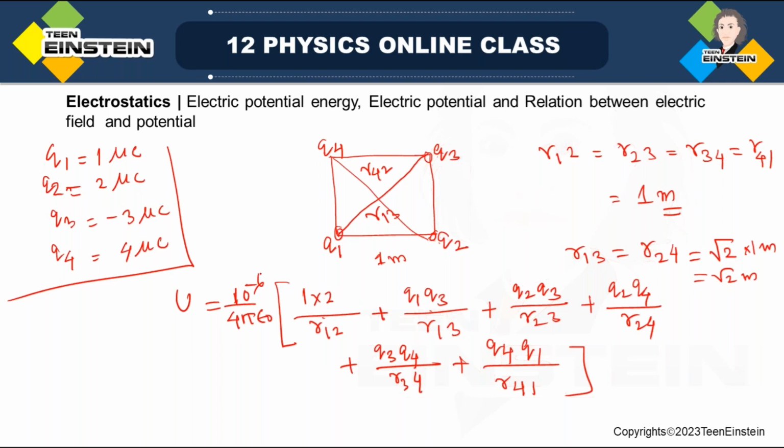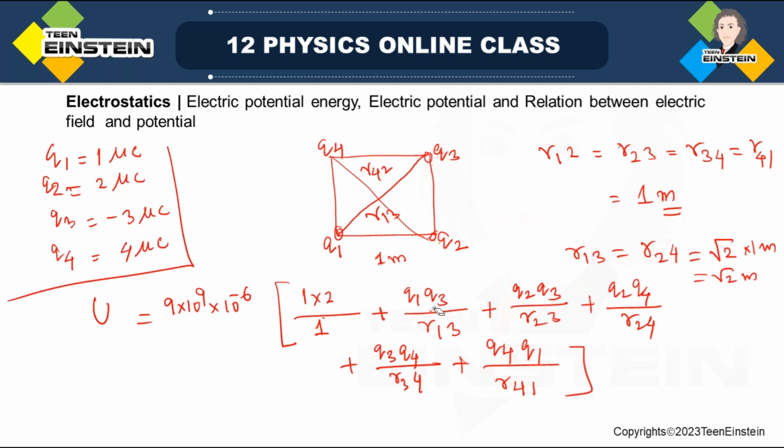U is equal to 1 by 4 pi epsilon naught, which means 9 into 10 to the power 9, and 10 to the power minus 6 we are writing due to microcoulomb for each of them. So 1 into 2, r12 is the distance. What is that? R12 is 1 meter. So let us write this divided by 1.